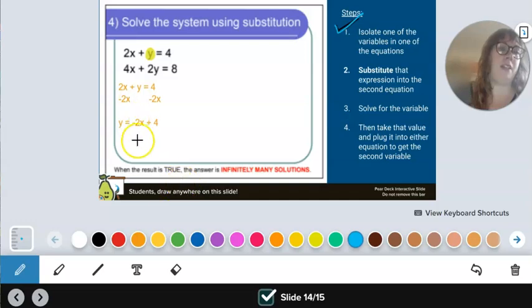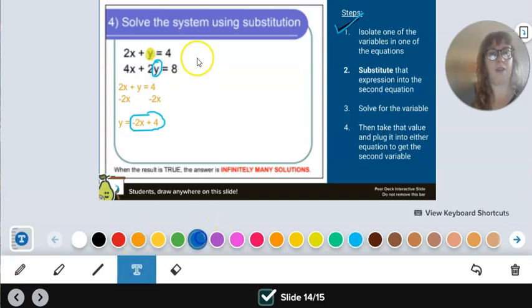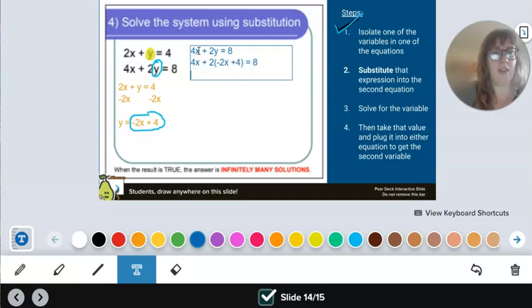Now we're going to substitute this expression in for y and do our second equation. So we have 4x plus 2y equals 8. But we now know that y is just a negative 2x plus 4. Here we're going to distribute that positive 2. 2 times negative 2x is a negative 4x. 2 times 4 is 8.